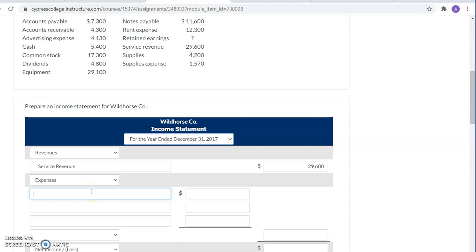So we're going to look at what expenses the company has. I can see that the company has rent expense, advertising expense, and supplies expense. So I'm going to start off with my rent expense. Then I'm going to include in my advertising expense, and then the supplies expense.